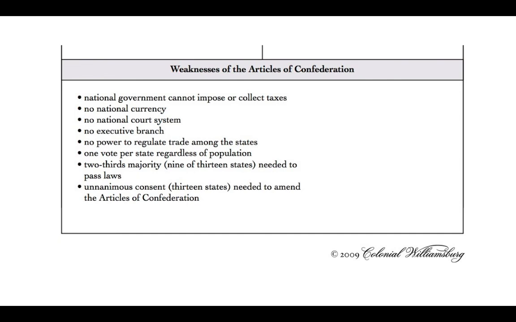And then unanimous consent of all 13 states was needed to amend the Articles of Confederation. So, pause the video and give everybody time to write those down in their graphic organizer.